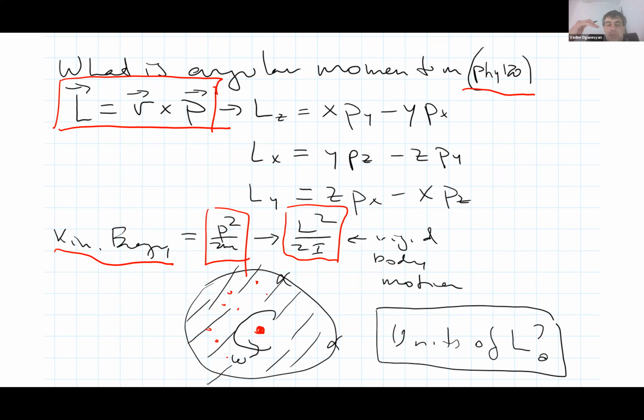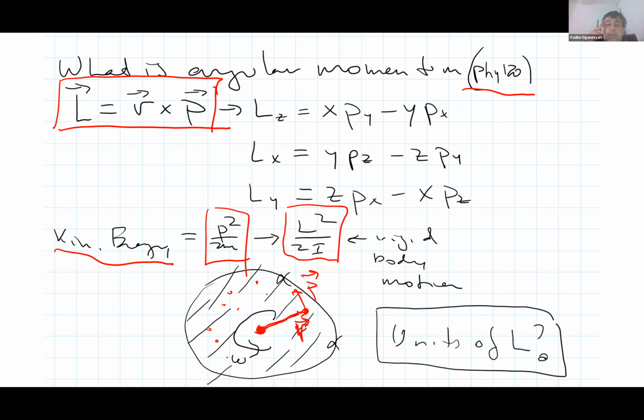The amount of angular momentum is a product, an angular product, between the distance to the anchor of motion, the axis of motion, and p. Right? So if this thing is moving, there's a p vector and there's an r vector, which is the distance from the origin to the point of the mass, and the angular momentum is r cross p.